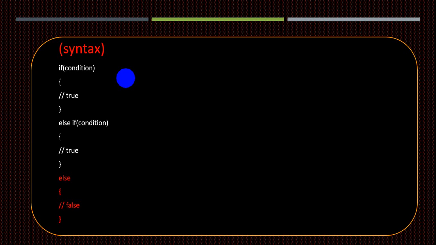First you check if a is greater than b, then in the true section you say a is greater. Then you move to else if: if a is greater than c, then a is greater than d. Means you have to check a number with all the pairs available. So in that case you require else if. Let me do the program, then we will come to know how else if works.